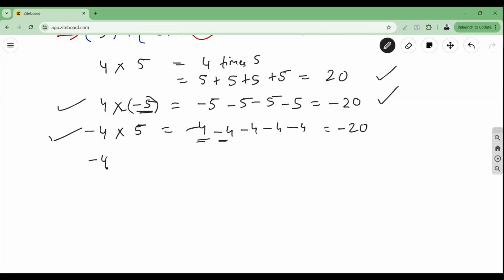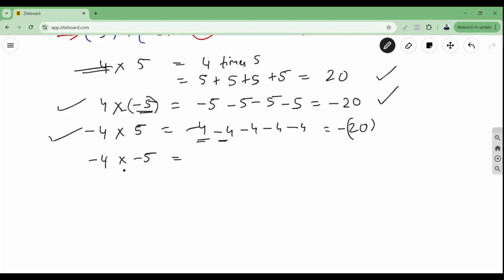What happens if I have -4 multiplied by -5? Let's understand this. 4 times 5 was 20, and -4 times 5 was nothing but the same answer with a negative sign.